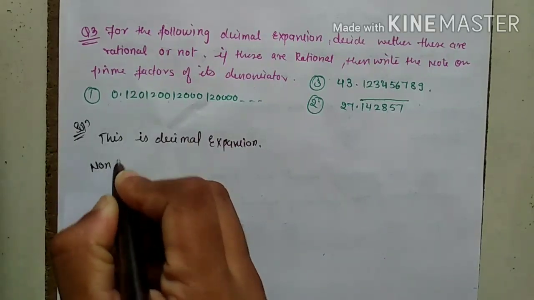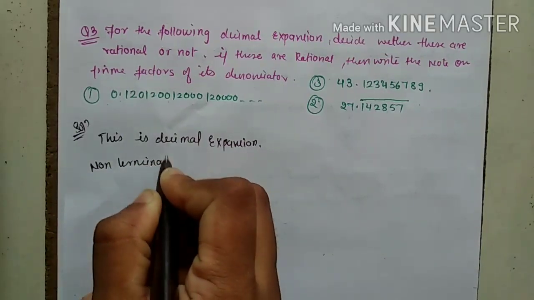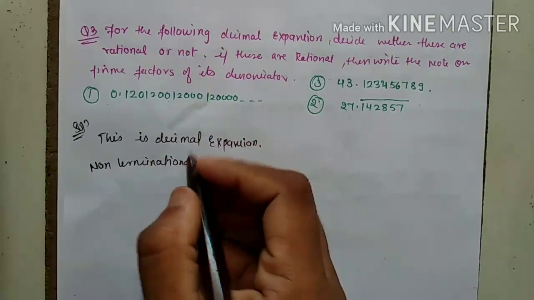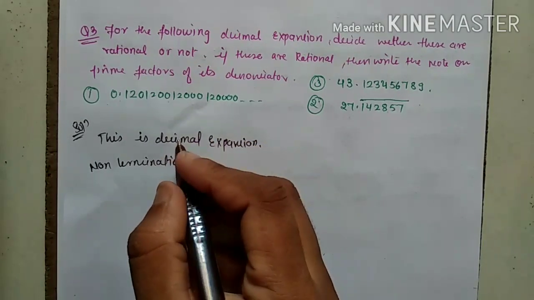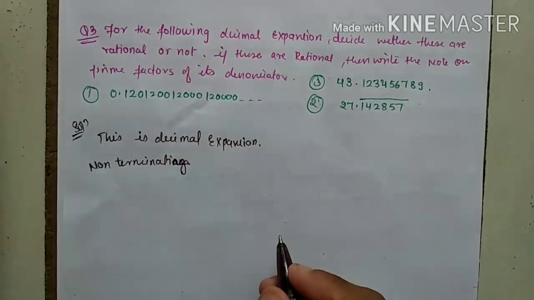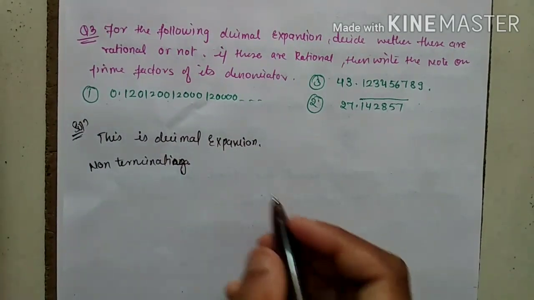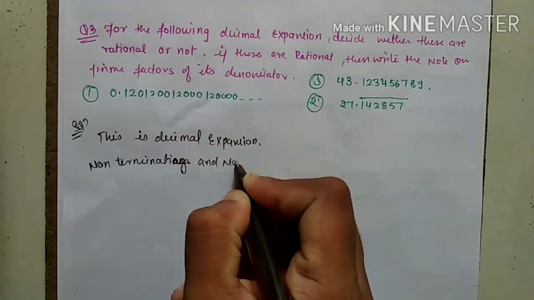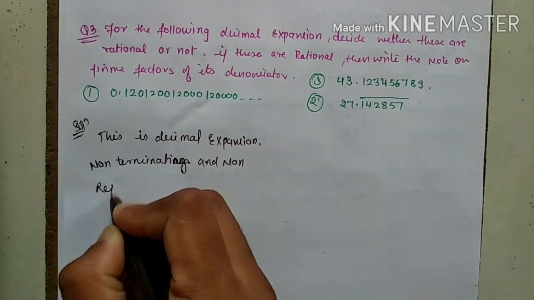Correct or not? Terminating, correct, this is non-terminating, and also non-repeating.